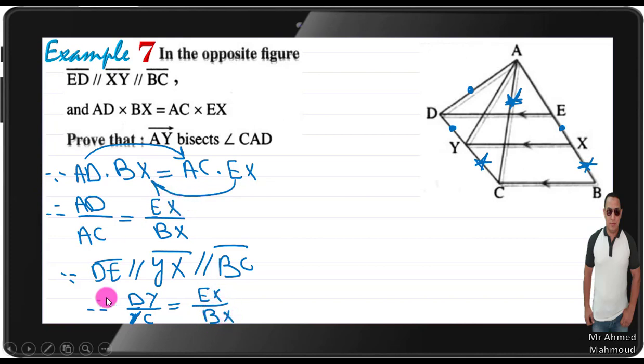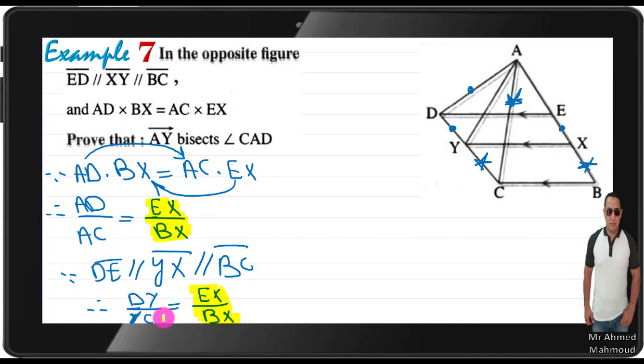Looking at this ratio, EX over BX and EX over BX is a common ratio.